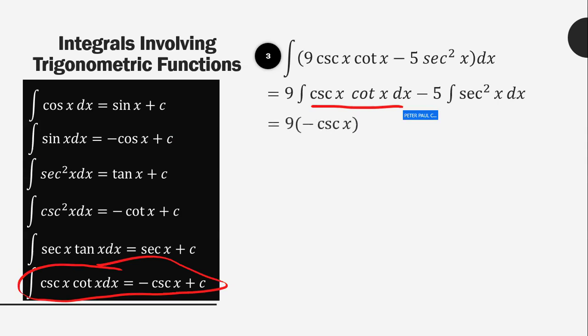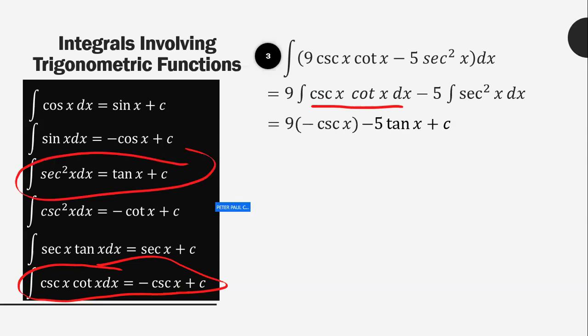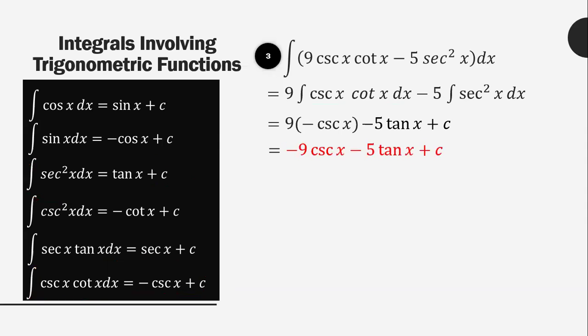So we have 9 times negative cosecant x. Then for secant squared x, we apply this formula. It becomes negative 5 tangent x plus c. So we simply put the negative sign in front so that it becomes negative 9 cosecant x minus 5 tangent x plus c. So that's already the simplified form.